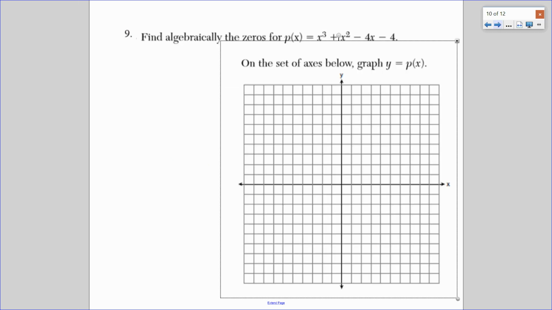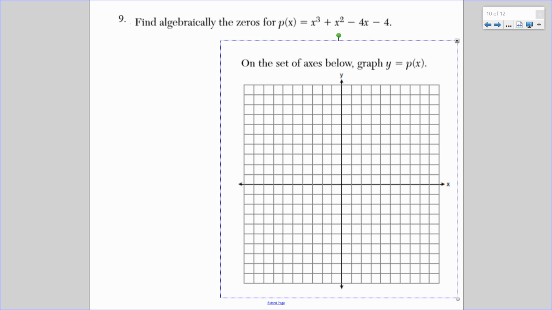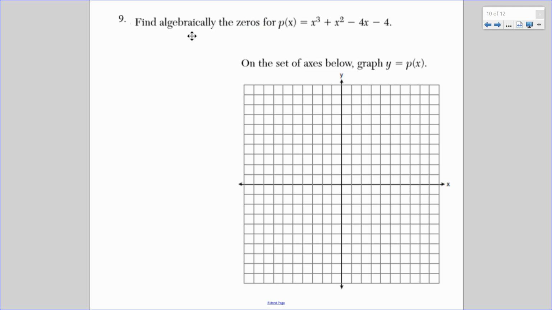Find algebraically the zeros for P of X equals. Okay, I think we already did something similar. To find the zeros algebraically, I replace the P of X with 0 and I factor. Is there a GCF? No. There's 4 terms, so it's got to be grouping.